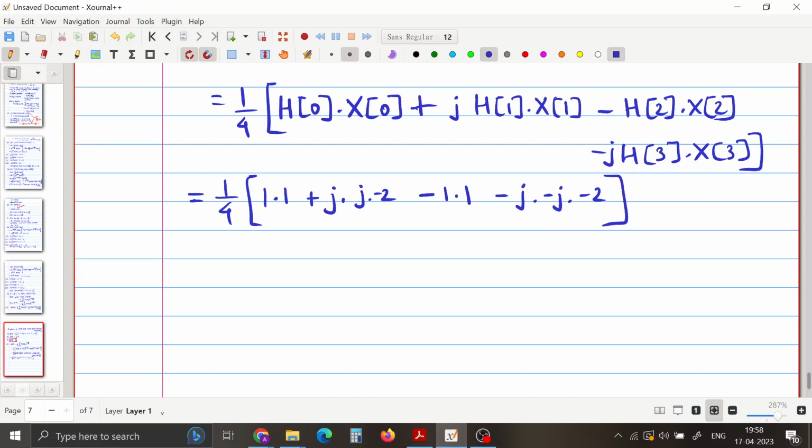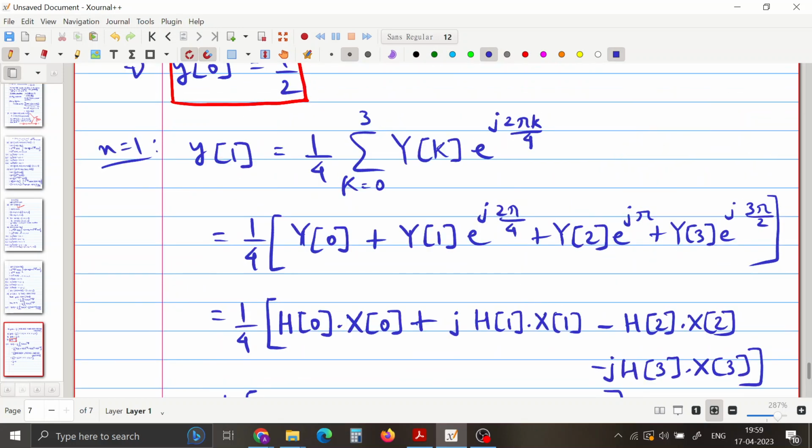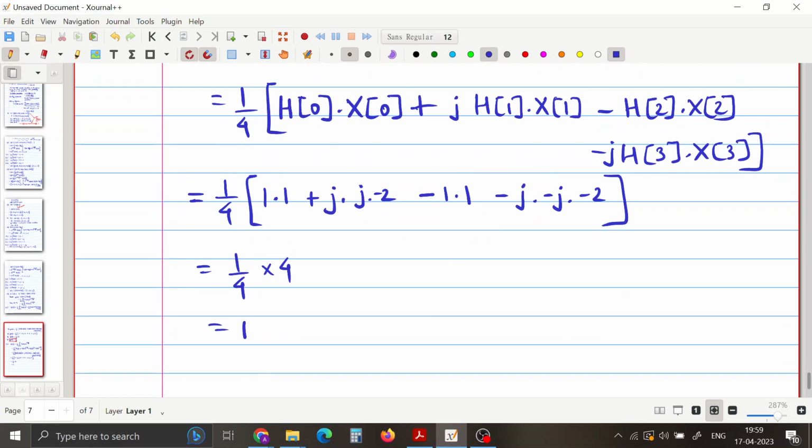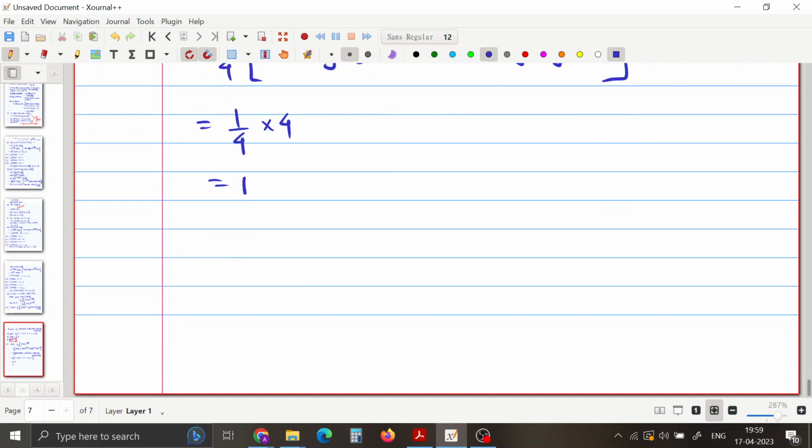And similarly for the fourth term also it's the same, so it's 2 and 2 together becoming 4 with a 1/4 scaling factor sitting outside, so you get 1. So this is y of 1. So therefore y of 1 equals to 1.